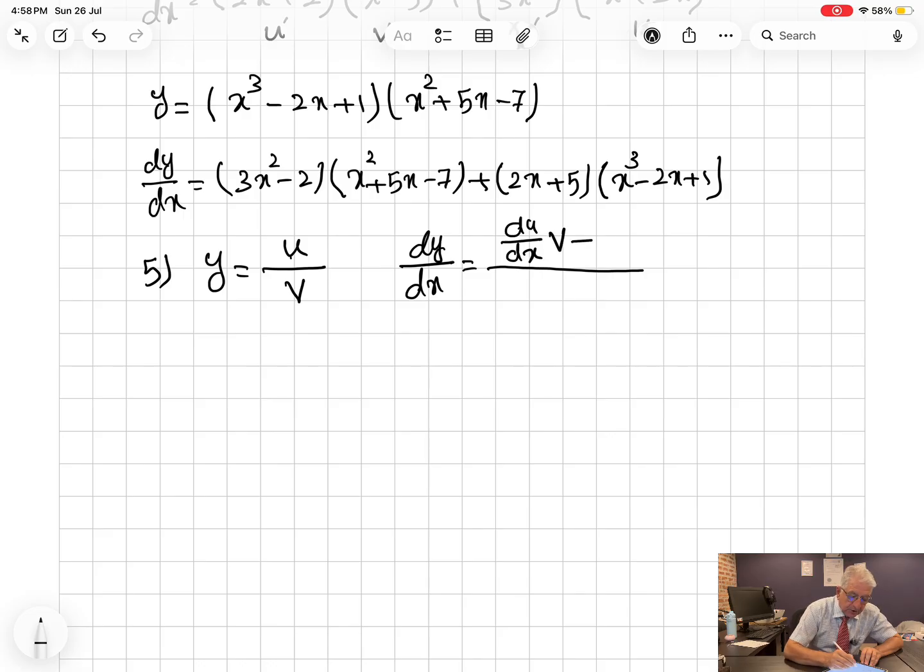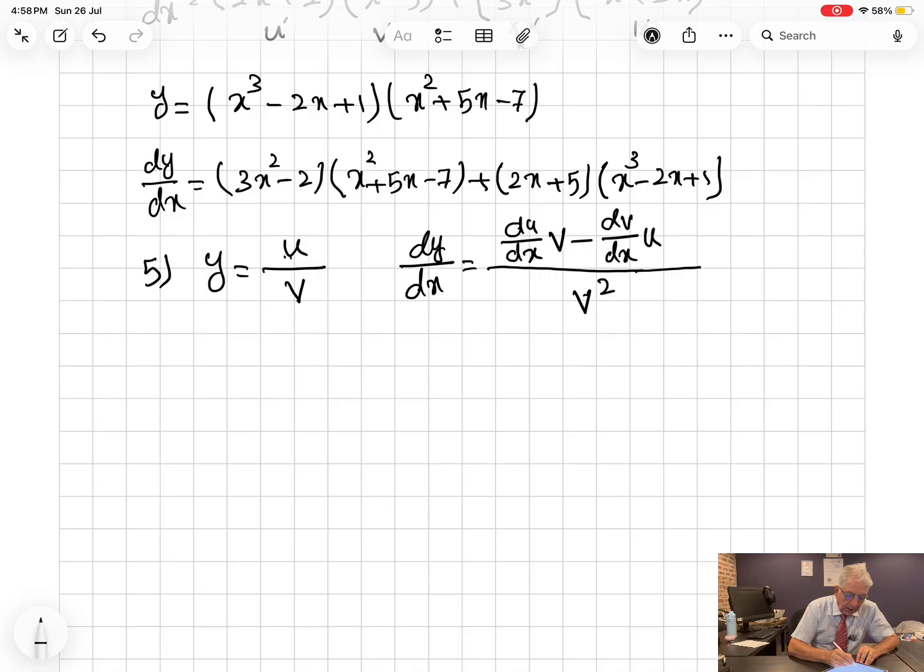Now differentiate v, dv by dx times u, then divided by v squared.